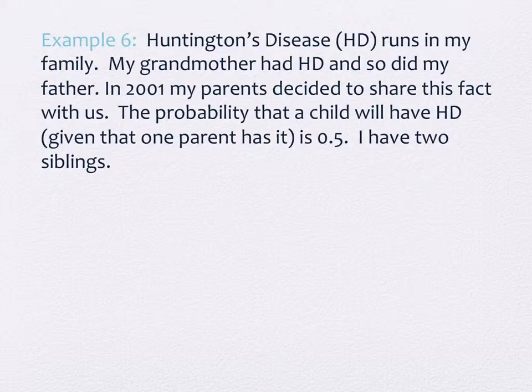And when they shared this information and knowing how it had affected my grandmother, the reason they decided at that point to share the information was because there had been new genetic research, not to cure Huntington's disease. There was that going on, but that's not what had been found out. But through in vitro fertilization, what they could do is they could create an embryo, they could grow it to 8 cells, and then they could test whether it had the Huntington gene anomaly.